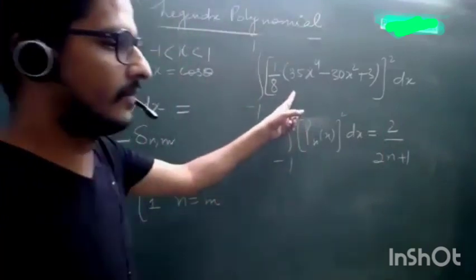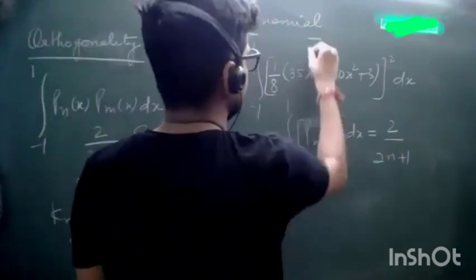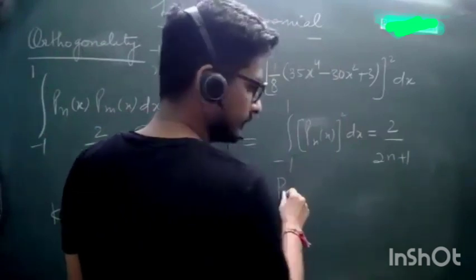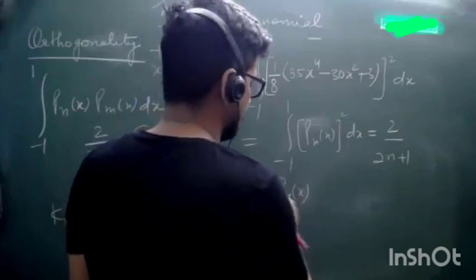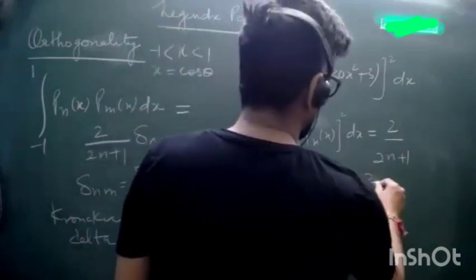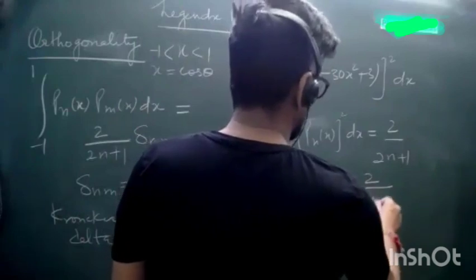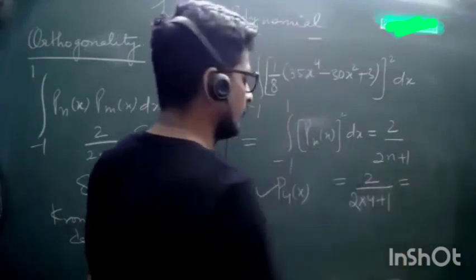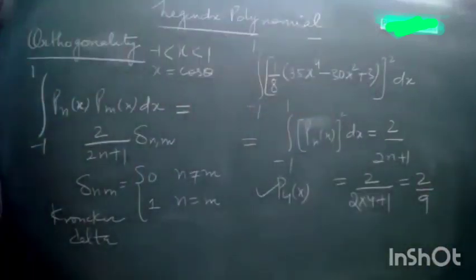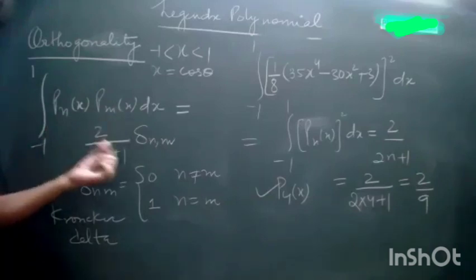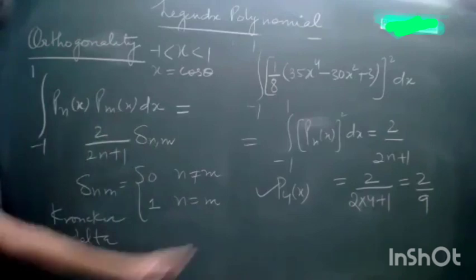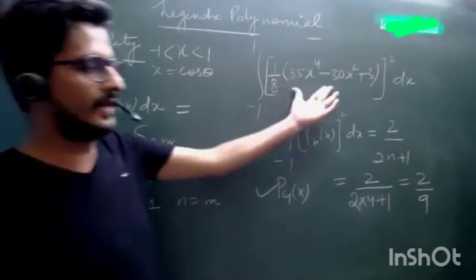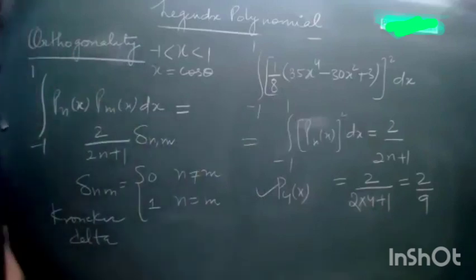The polynomial is P4x. So the answer is 2 by 2 into 4 plus 1, which is equal to 2 by 9. Because when n is equal to m, the Kronecker delta becomes 1, and the value becomes 2 by 2n plus 1. So I have directly used that. The value of this integral is 2 by 9.